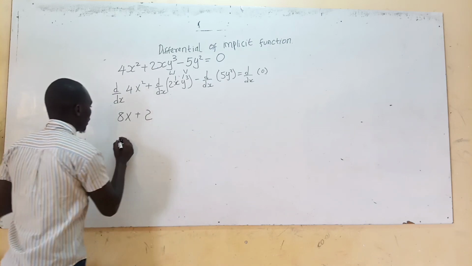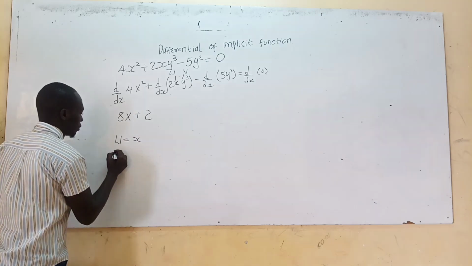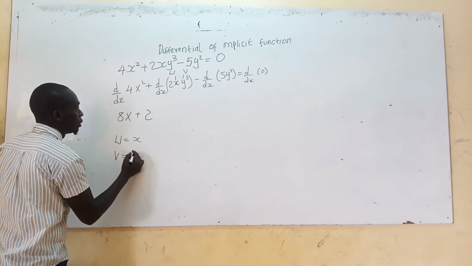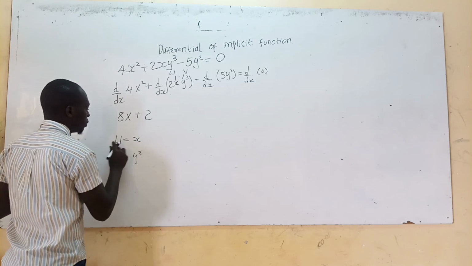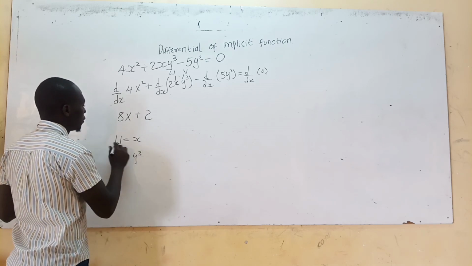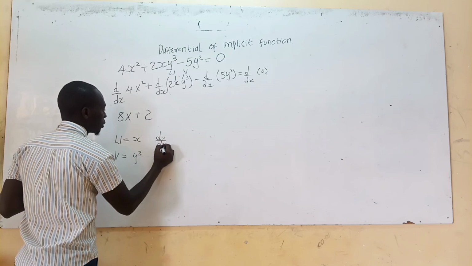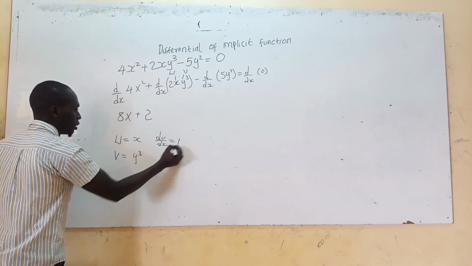We understand that u is equal to x and the term v is equal to y cubed. So du with respect to dx is going to be 1 when we differentiate x.